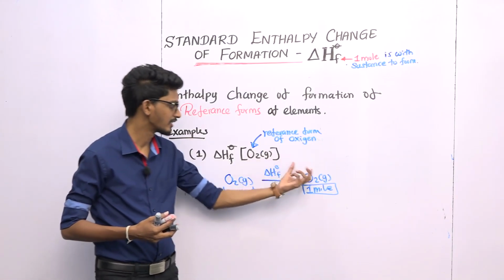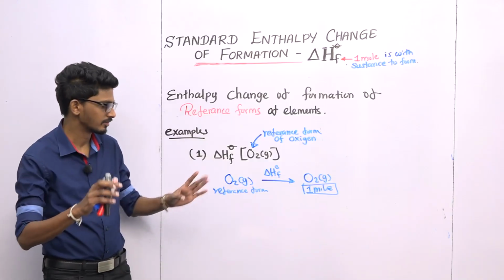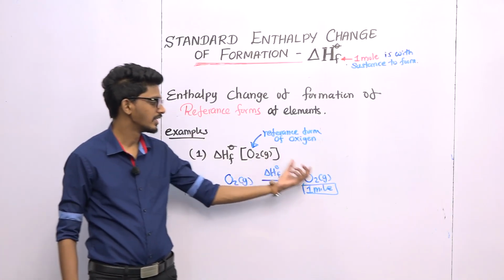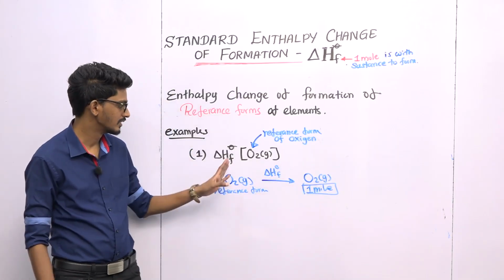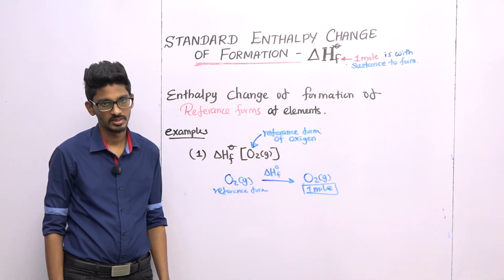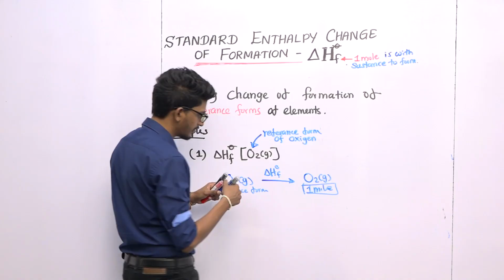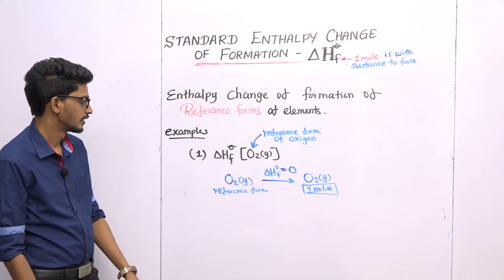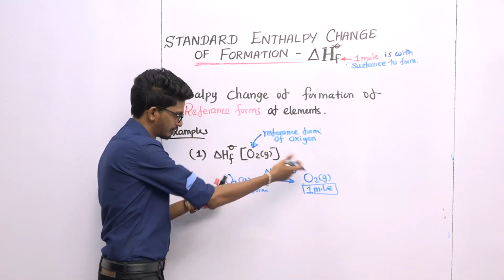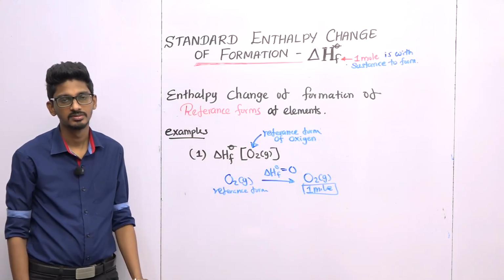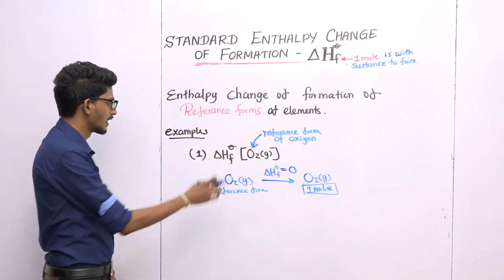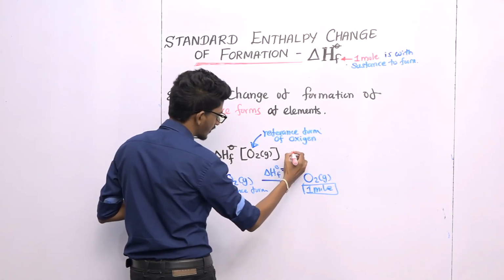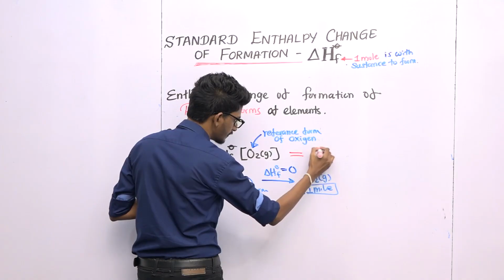As no change happened at all, no energy change is needed to convert this state to this state. So actually, this value is 0. No release of energy, no absorption of energy, because both are the same state. So the enthalpy change of formation of O2 gas, the reference form, is equal to 0.